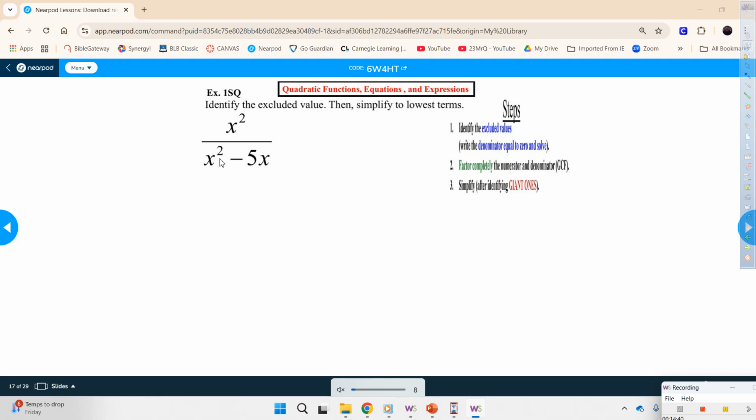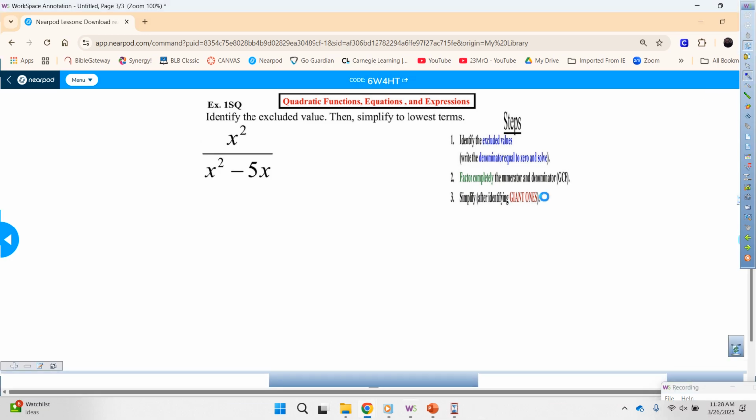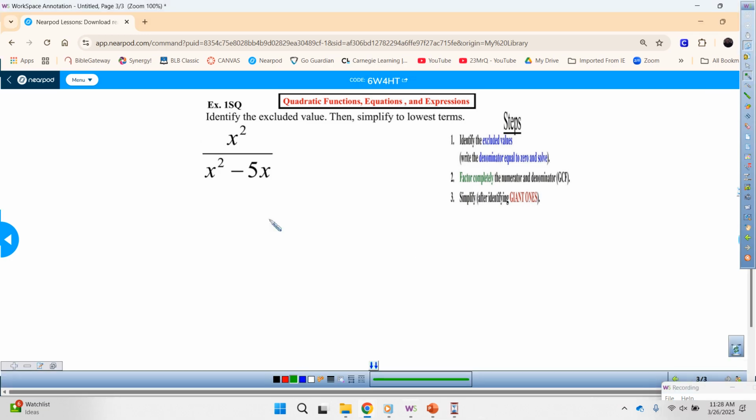It reads x squared over x squared minus 5x. Once again, let's simplify first. How can I write x squared in factored form? Tell your neighbor, how can we write x squared in factored form? X squared in factored form, Maideen. X times x is correct. How about the denominator?